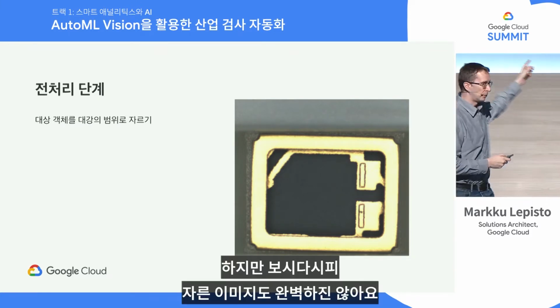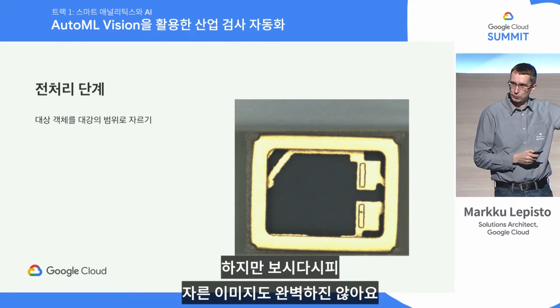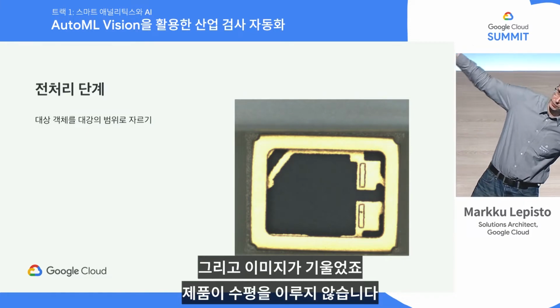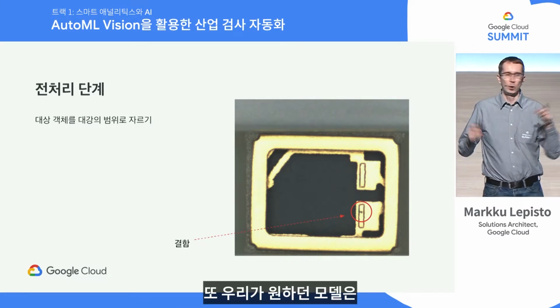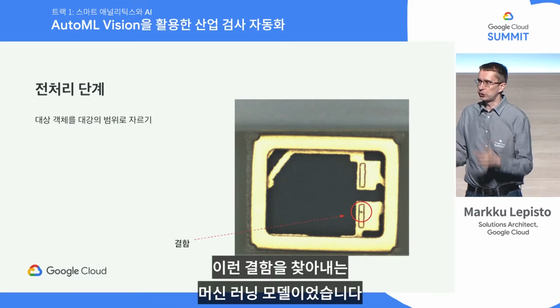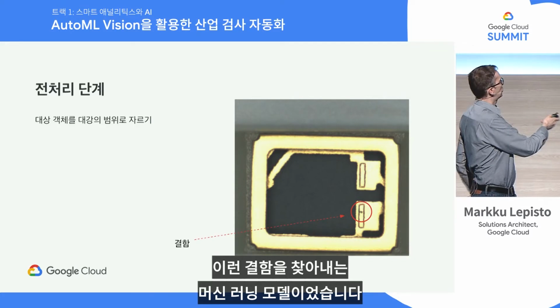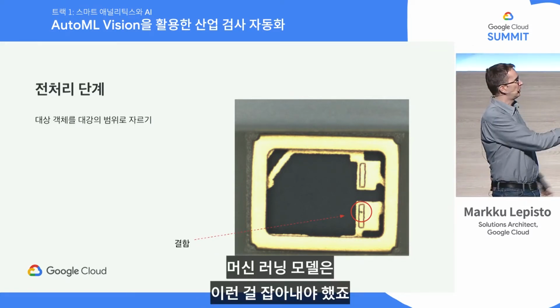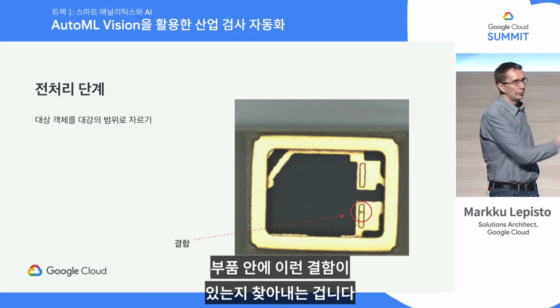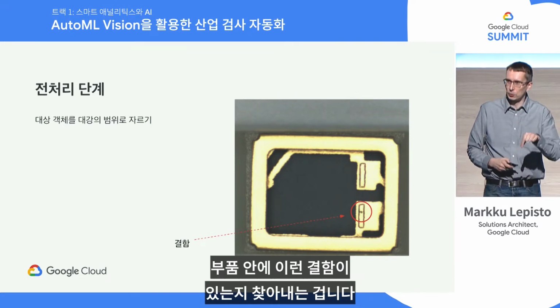But you can see that there is still a problem that the crop is not perfect. And the image is tilted. You can see the object is actually not straight. And by the way, what we want to create is a machine learning model that detects those problems. So that's what the machine learning model has to see. It has to know, are there issues like that inside the components?